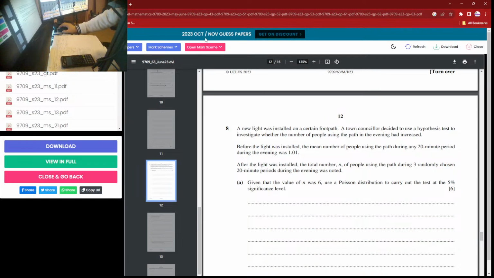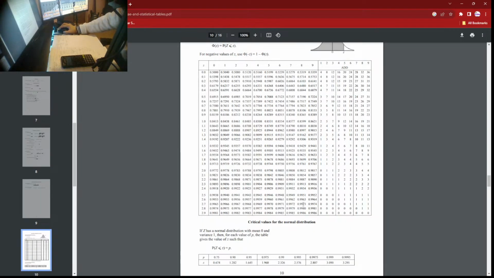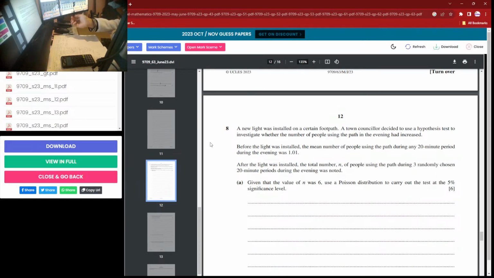Okay. And then from here we find 1.706, 0.9608. So from this we already know that, oh no, sorry, we already know that this is going to be reject H naught, but we have to do it, of course.